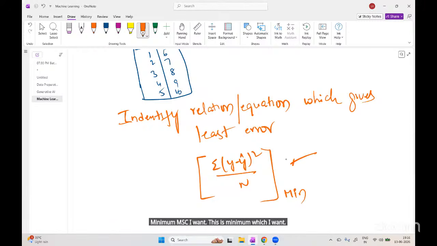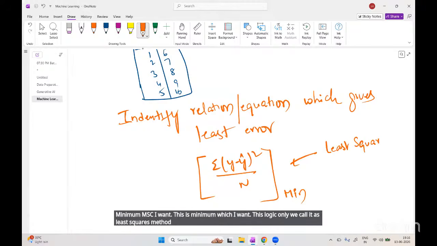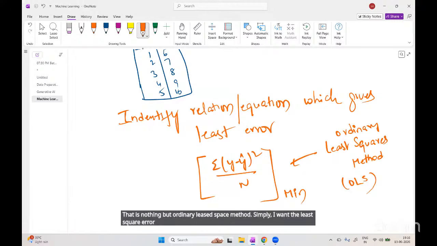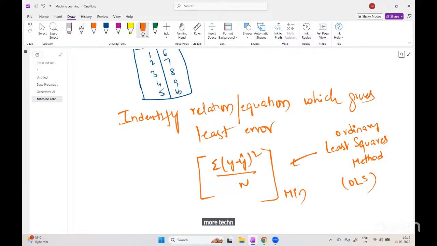This logic only we call it as least squares method. What is this method name is called as? Least squares method, which is also called as OLS. That is nothing but ordinary least squares method. Simply, I want the least square error. OLS technique name is least square error. Is the point is clear? Ultimate goal is least error I want.